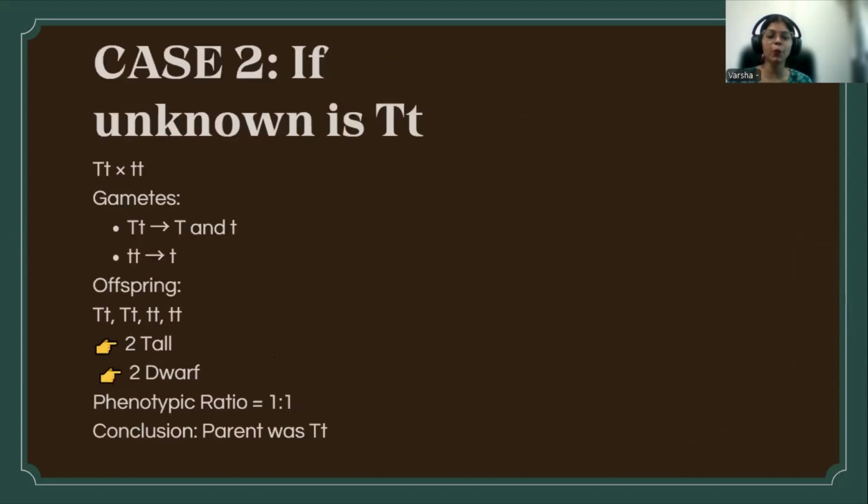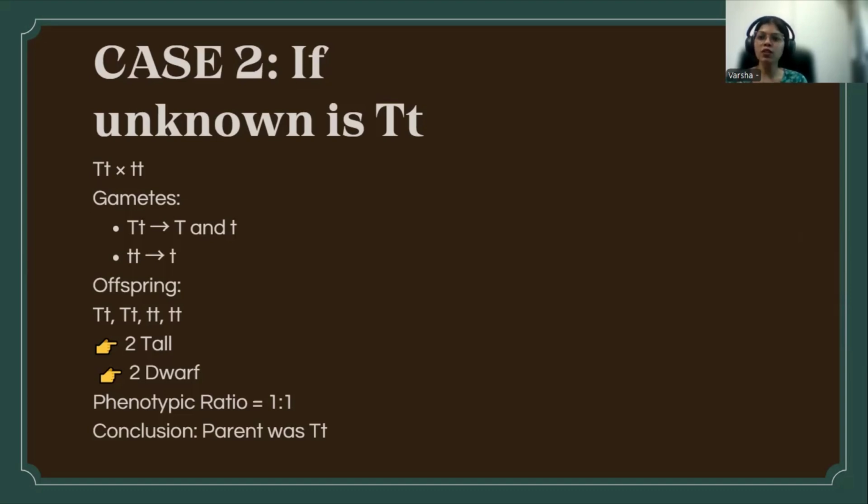Now case number two. Suppose the plant that we have taken is a heterozygous plant. It has capital T and small t in it. So you separate the gametes. The heterozygous will produce two kinds of gametes, capital T and small t, and the recessive will make one type of gamete, which is only small t.